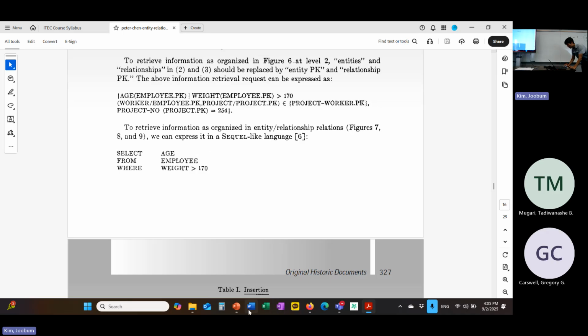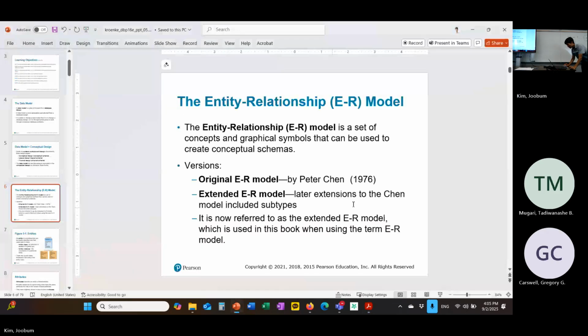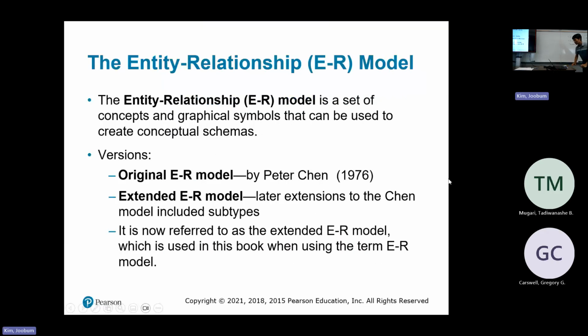Currently we are using the extended ER model. It's similar, but with newly added parts in the extended ER diagram.